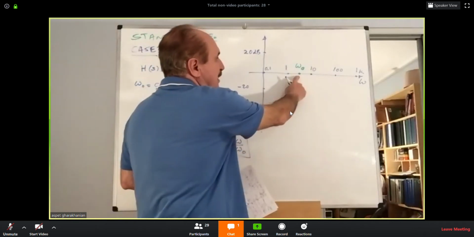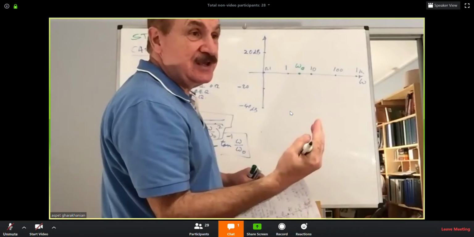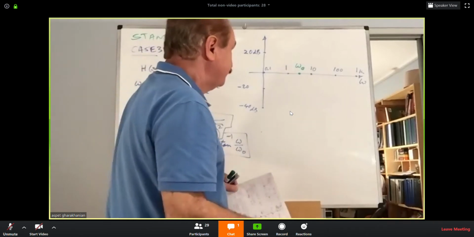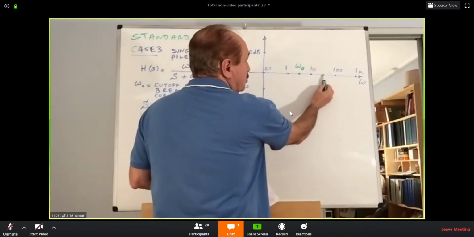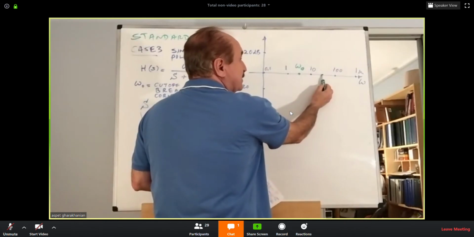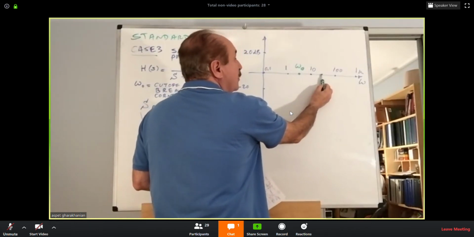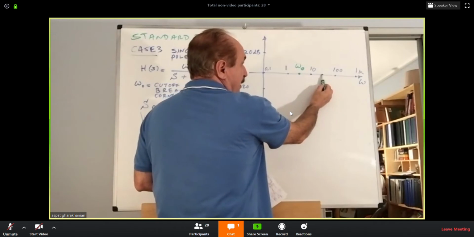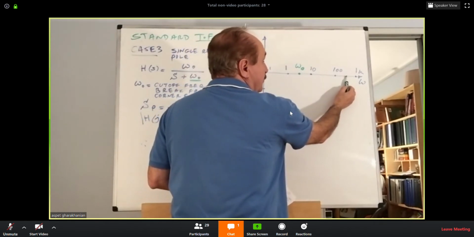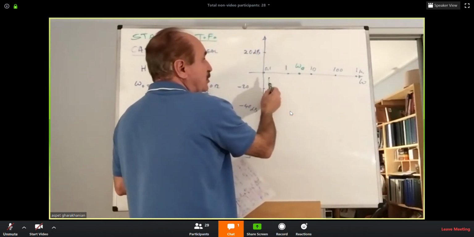So omega O is like 3 radian per second. Same location in the next scale will be 10 times omega O, 30 radian. And the next one will be 300 radian. So this is how it goes.